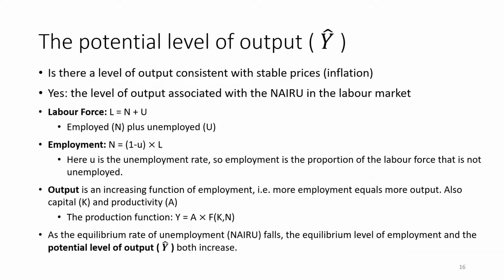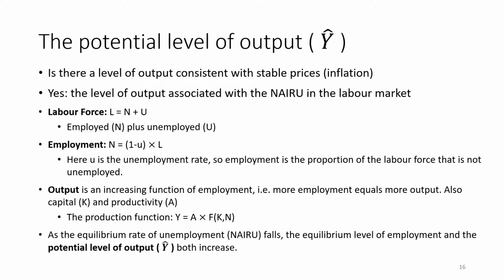So how does all of this relate to the potential or trend level of output in the economy? Remember at the outset, we said this is the level of output, or GDP, consistent with the NAIRU in the labour market. And it's easy to ascertain in just a series of simple steps. First of all, the labour force in the economy consists of those who are employed and those who are unemployed. Employment is basically the proportion of the labour force that are not unemployed.